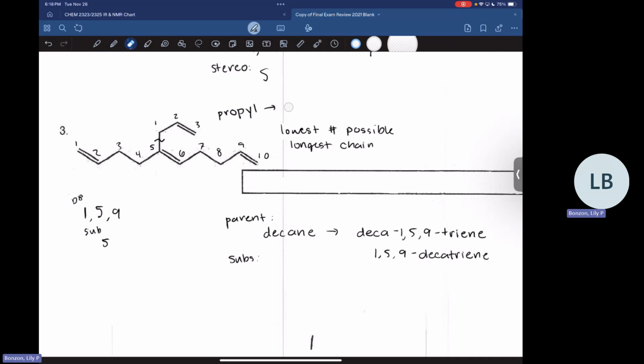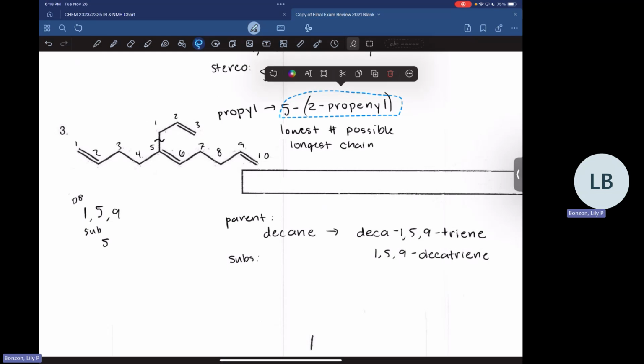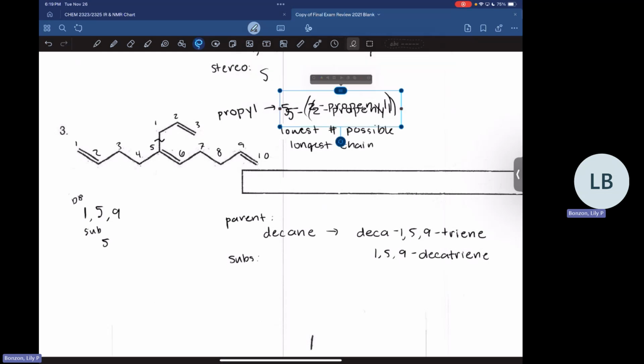So this one is going to become 2-propenyl. And that substituent is on carbon 5 of the main chain. So we throw that out in front to show where that complex substituent is on the structure. So those are all our substituents. Now we just have to move on to stereochemistry.